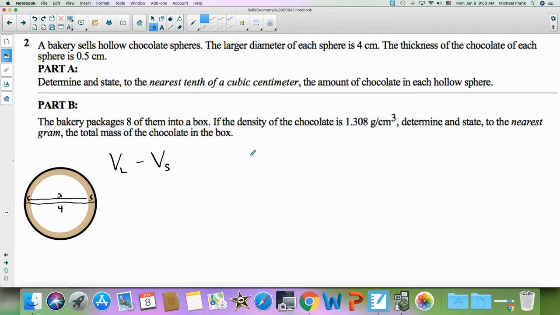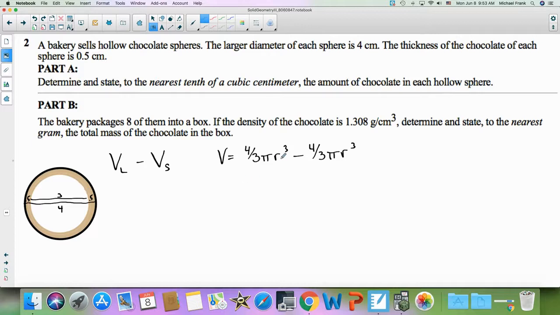So for part A, the volume of the chocolate is going to be sphere 1, which is 4/3 pi r to the third power, minus the smaller sphere, which is also 4/3 pi r to the third power.